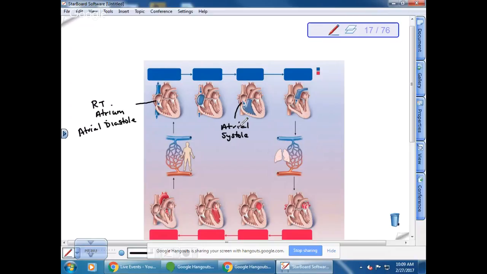So you can notice that the atria looks kind of deformed, and that's because it is contracting. And it is pushing the blood into the right ventricle. So this ventricle would be ventricular diastole. Right?